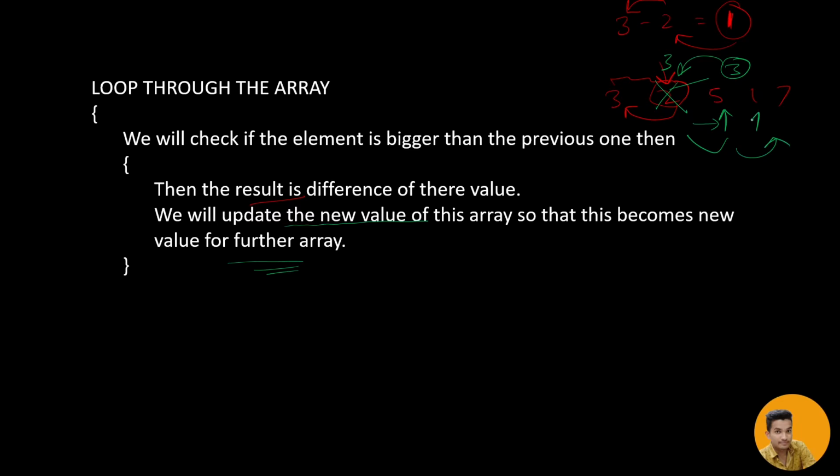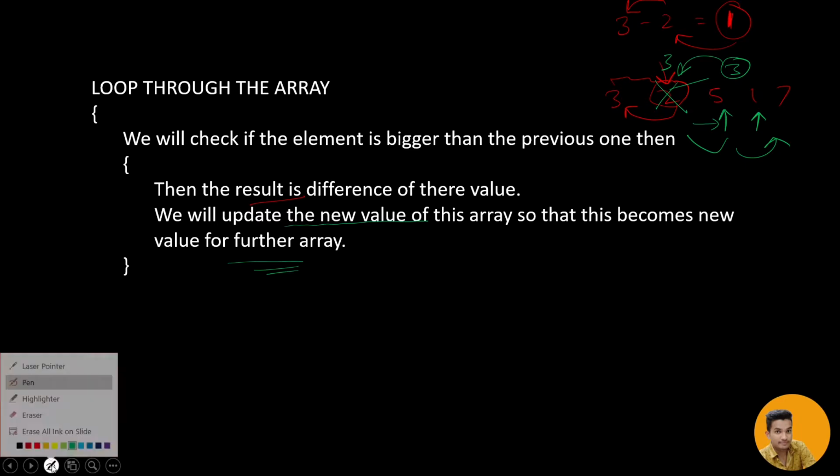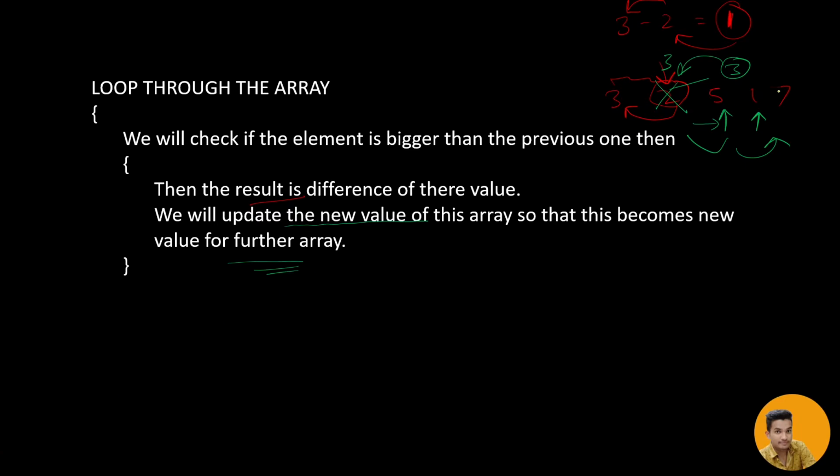Now we'll come here and check. Is it bigger? No, it is not bigger. It is smaller. So what we are going to do is again find the difference. 5 minus 1 will result as 4. That means 4 has to be added.